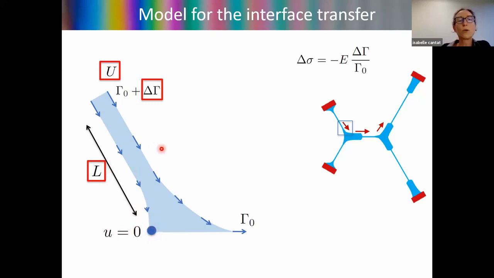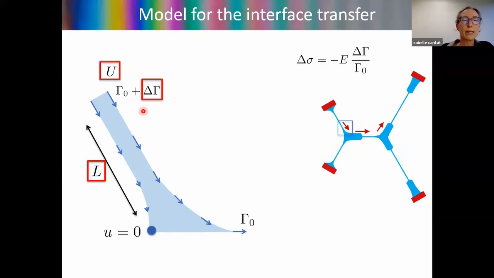So this induces symmetry breaking between the two interfaces that will be at the origin of all the dissipation that we are looking for. And an important quantity is this distance L required for the velocity to vary from its initial value to 0 at the meniscus.